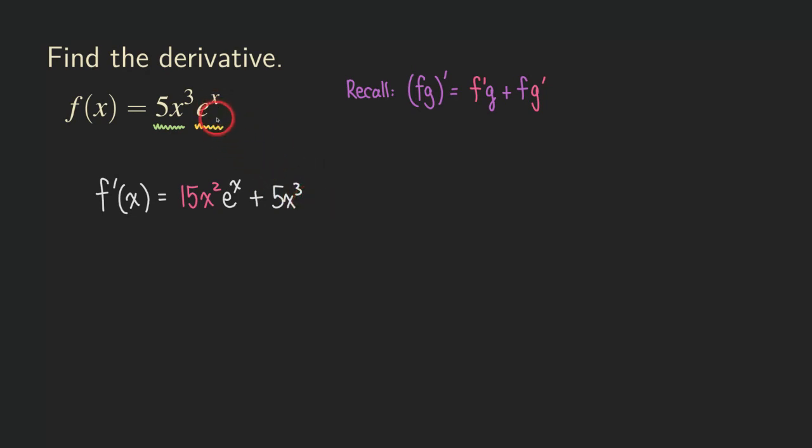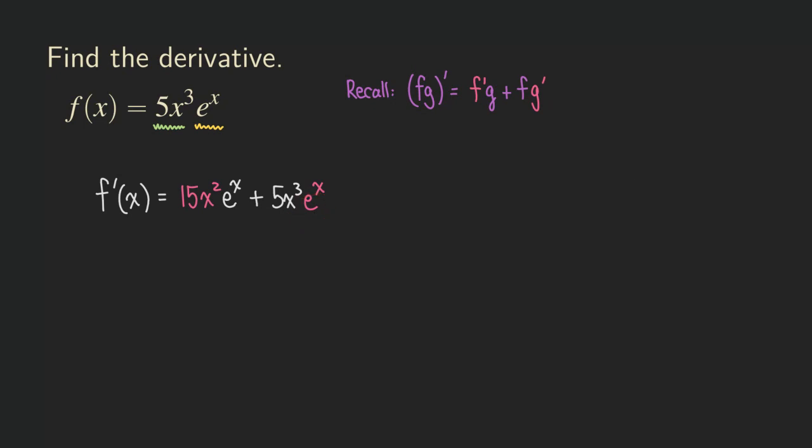So we need to take the derivative of e to the x, which is just the e to the x. And yes, because the derivative is the same as the original function for e to the x. So that's why you don't see that I changed anything right here, but I did the highlighting here just to show you that we actually did the differentiation for the second function. And then that will be our answer.